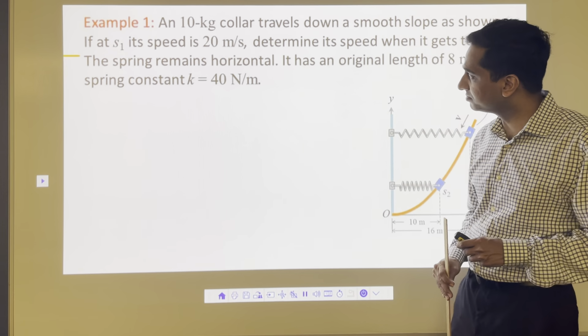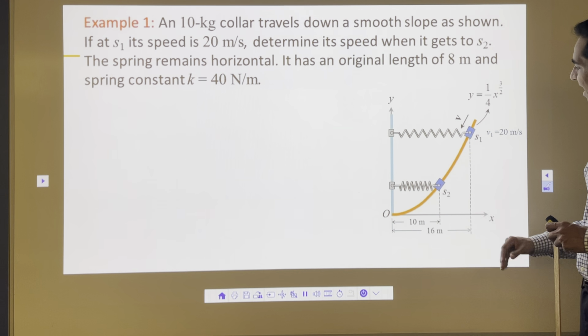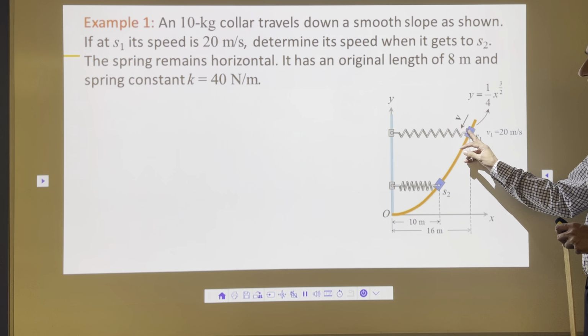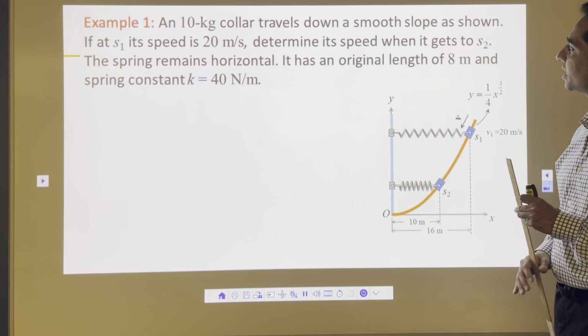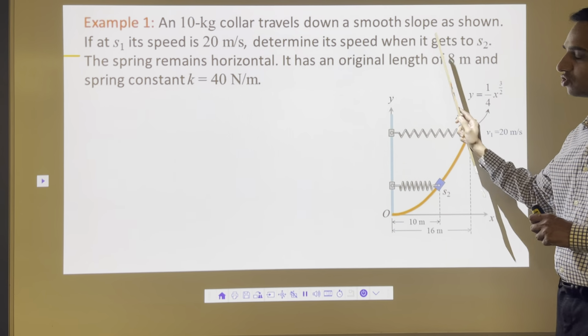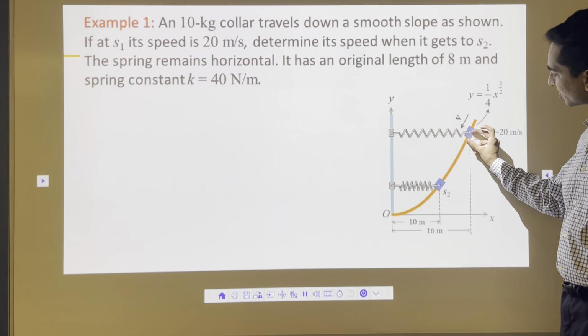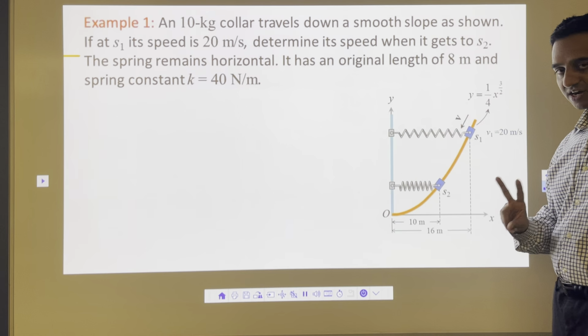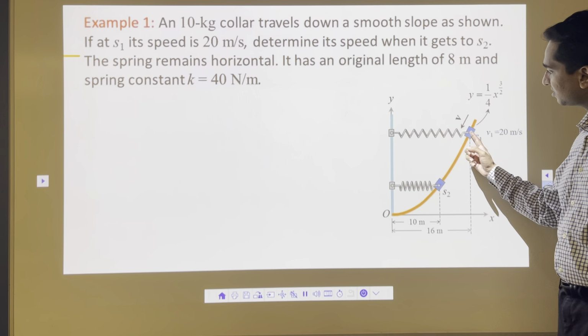Let's solve a problem. In this problem, we have a 10 kilogram collar. It travels down a smooth slope, there is no friction. This collar is coming down like this, and there are two forces applied on the collar. One is gravity downward and another is the spring force.